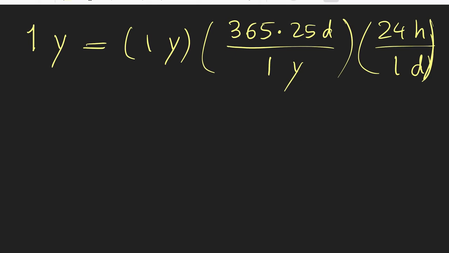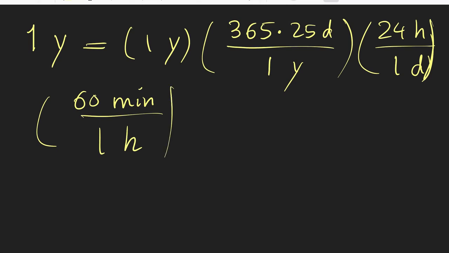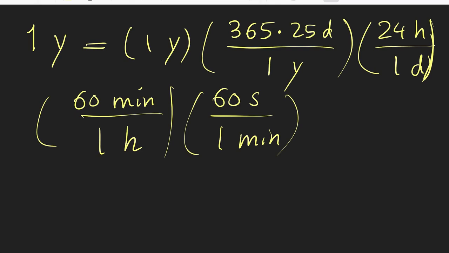and then I know that each hour is 60 minutes, per 1 hour. Then I can multiply this by 60 seconds per 1 minute.